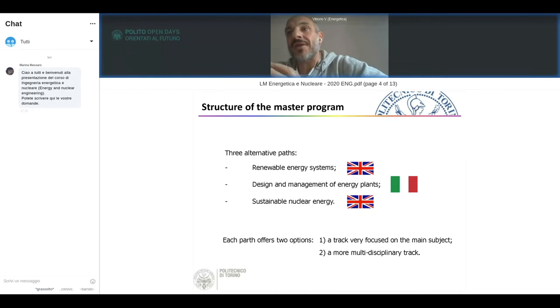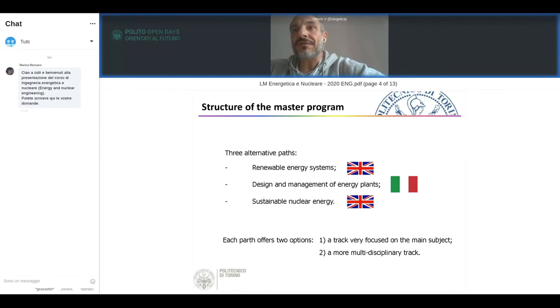But alternatively, you can select a sort of multidisciplinary track. So in this case, together with courses focused on your main subject, you can also pick some additional courses related with the other paths, for instance courses related with nuclear energy.